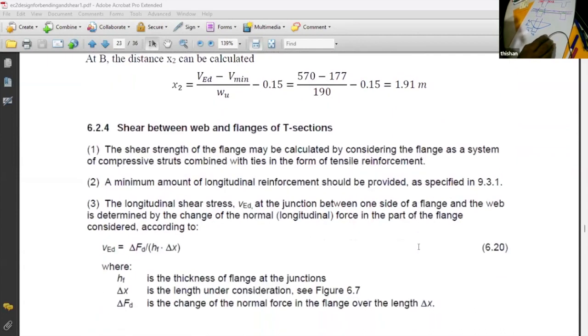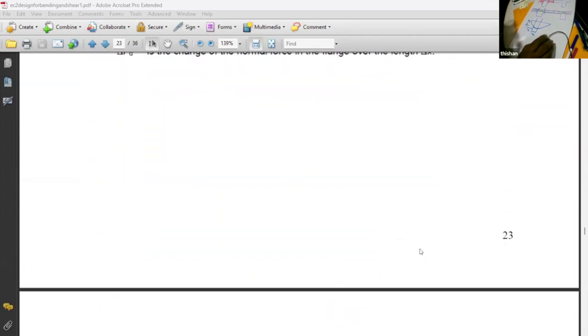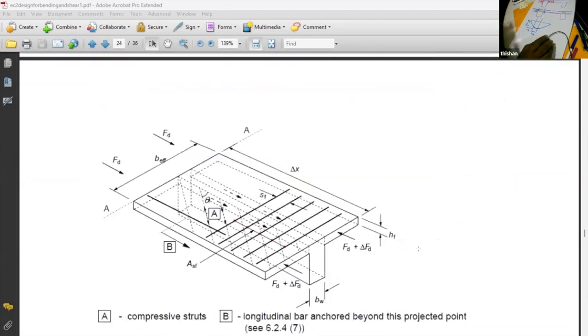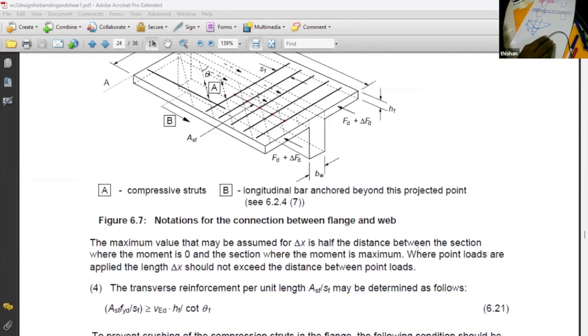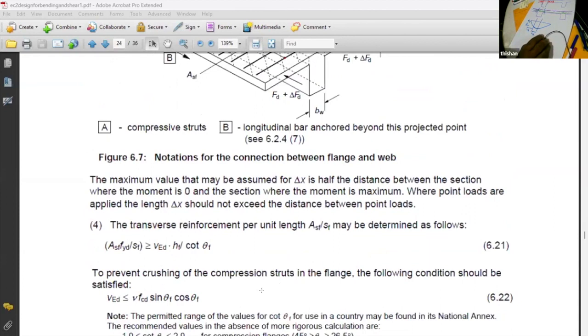Now here you get this particular example. And the transverse shear reinforcement is given by this equation. And the crushing of the compression struts in the flange. It says VEd should be less than a particular value. That we can check.